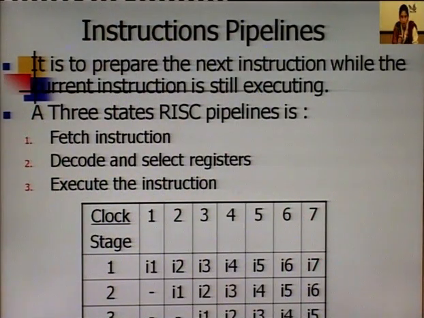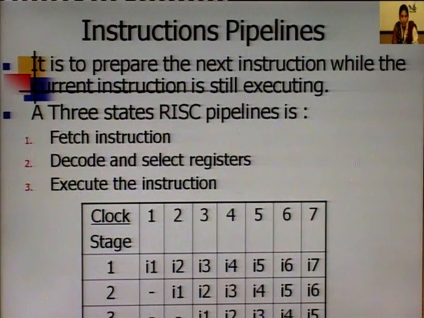So in the first clock cycle, instruction I1 is submitted and fetched. The first stage of the first instruction is covered, and then in the second clock cycle the second instruction is fetched and the first instruction is decoded and registers are selected. In the third cycle, the third instruction is fetched, the second instruction is decoded, and the first instruction's last stage is covered.